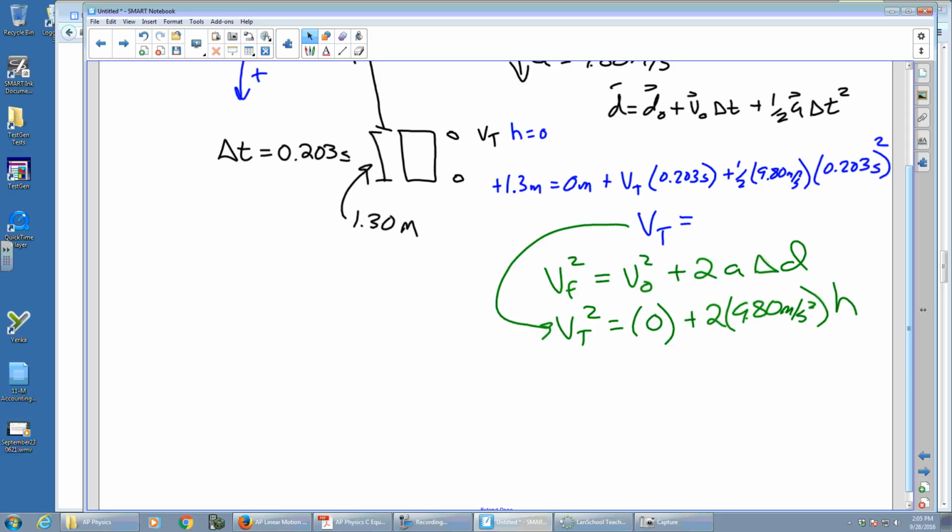And that just made it easier to do the blue equation. Or I could have set the top to be -1.3 and the bottom to be 0. Or I could have set the very top to be 0, and then those would just have H and H plus 1.3.